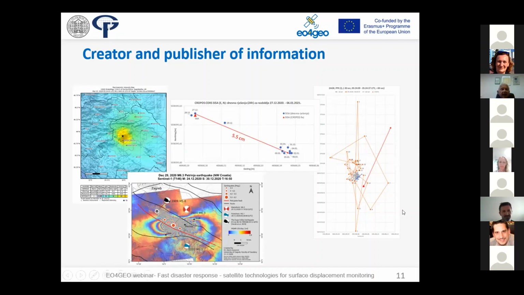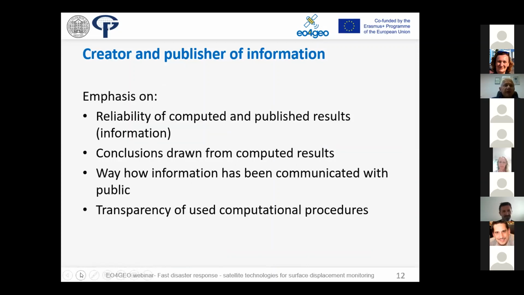So in this sense, those informations are then used or might be used for certain actions. So let us see a little bit what the responsibility is.